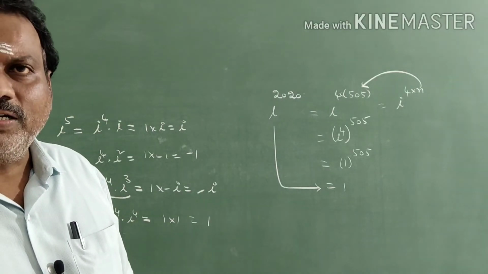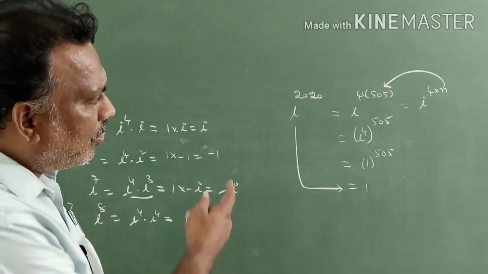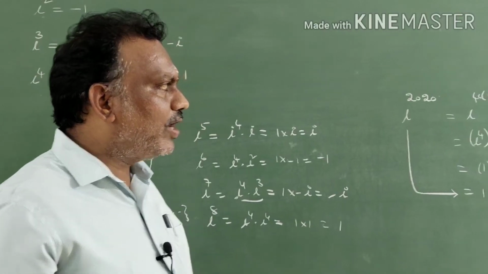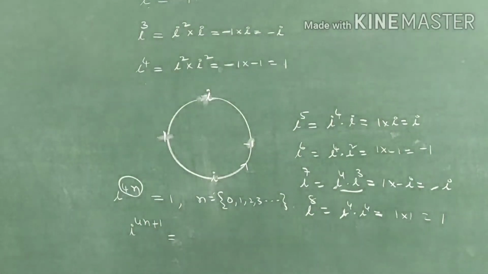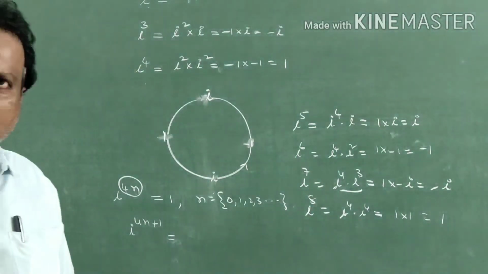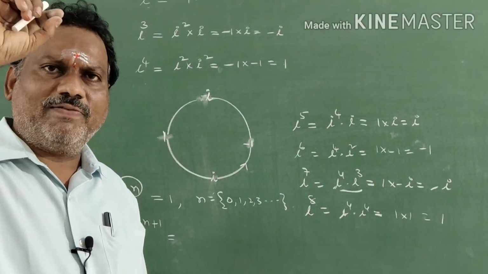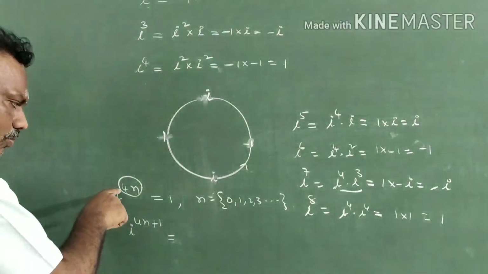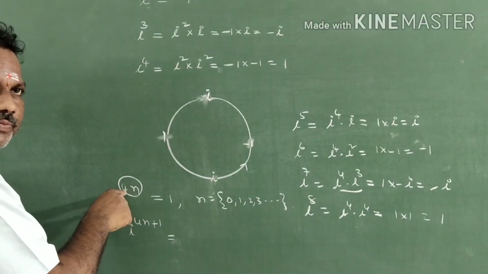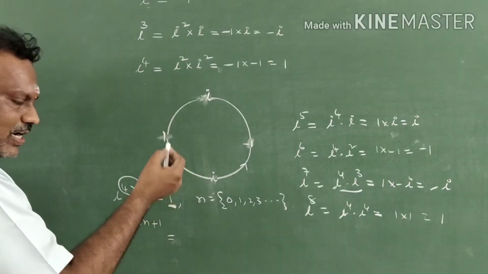No problem in that. Correct, students? If you go like this with the i to the power of 4n model, any problem can be solved. Whatever the number given, in hundreds or thousands, if it is exactly divisible by 4, that value is 1.